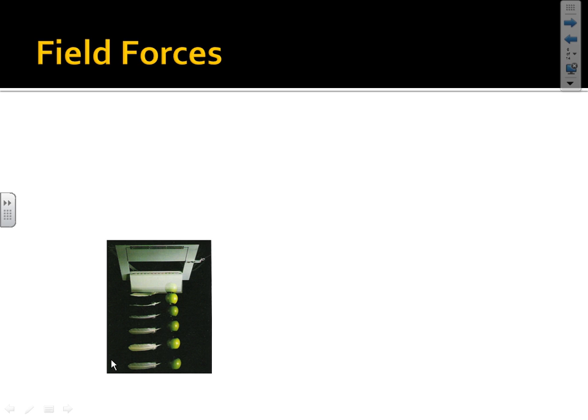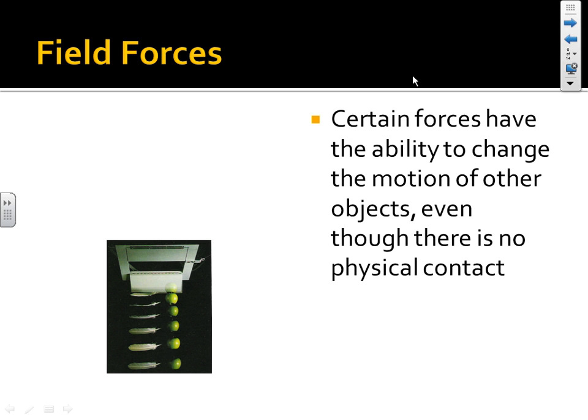There's nothing that touches this roll of tape in order to make it do that. It happens without contact. That's a field force, something that can change the motion of another object even though there is no physical contact. Right?